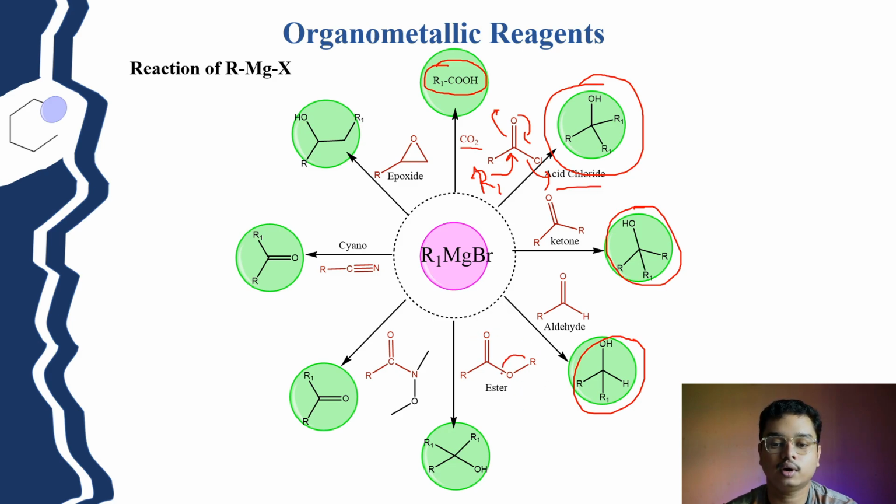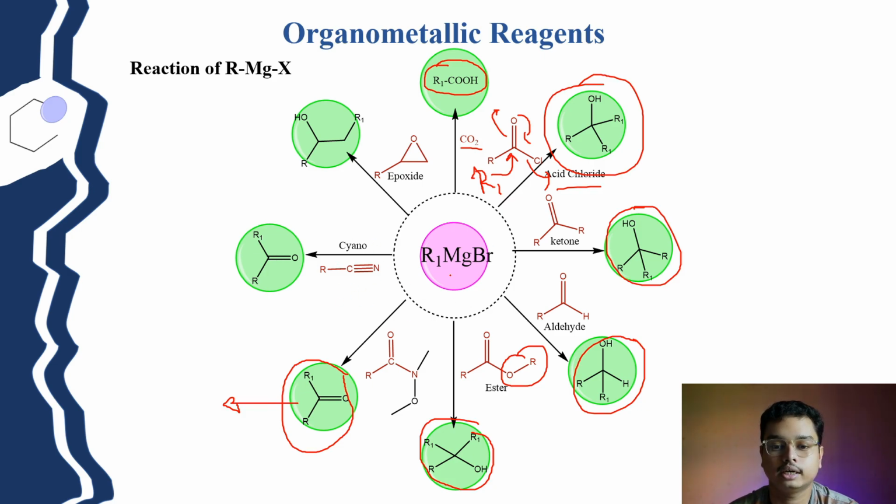First, this OR kicks out and then another R1 attacks to get this tertiary alcohol. And for the case of amides, the Weinreb amides, the reaction stops at the ketone stage, but in the case of excess Grignard reagent, it will go to the alcohol stage.